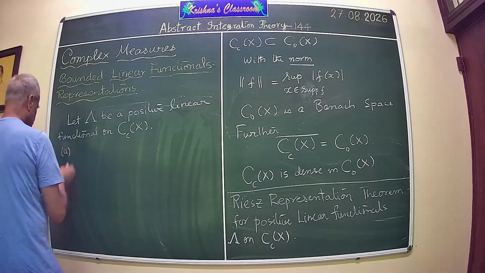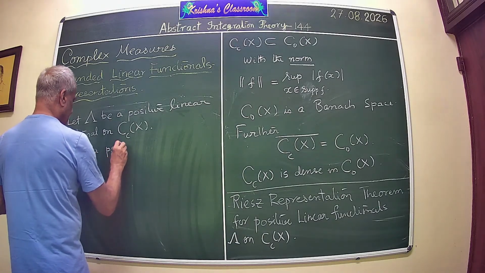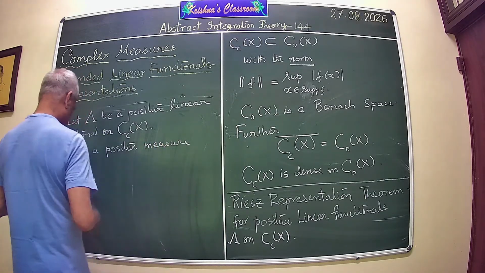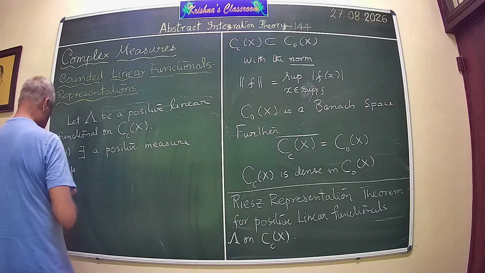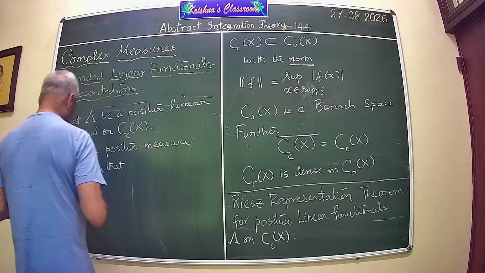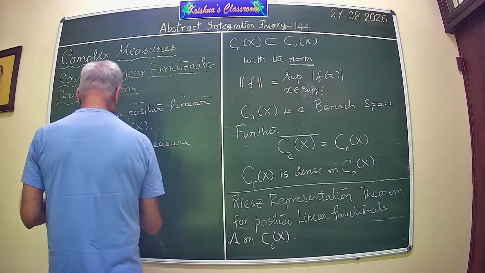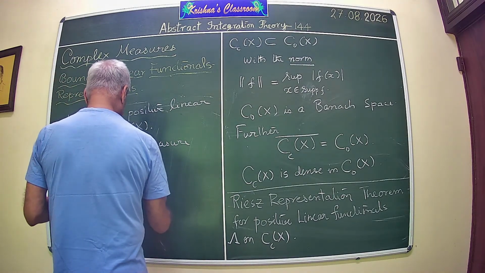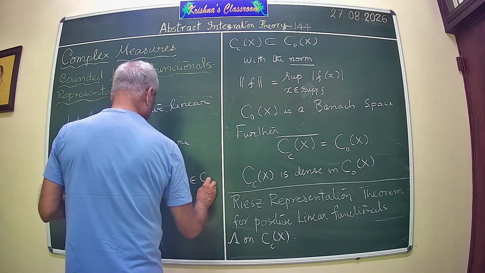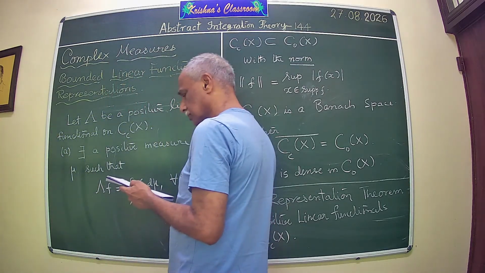A, there exists a positive measure mu such that lambda f is given by this representation here. And this is unique. Okay, it's a unique measure.